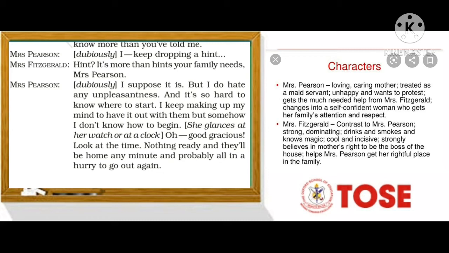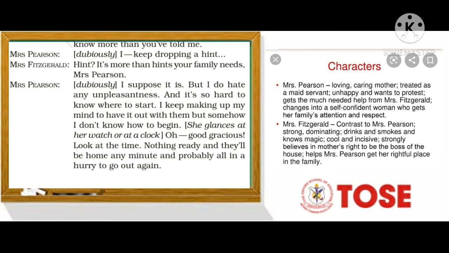Mrs. Pearson never went to enjoy in the night, but all the other members, husband, her son and daughter, used to go and enjoy. They were treating her like dirt.